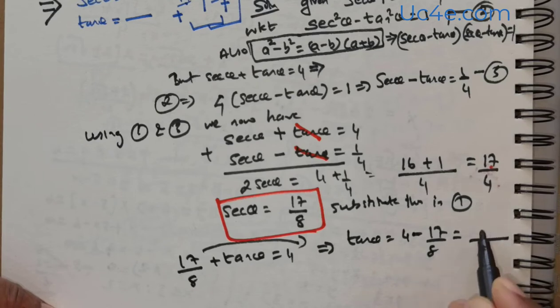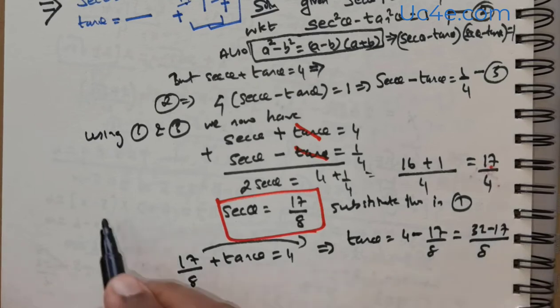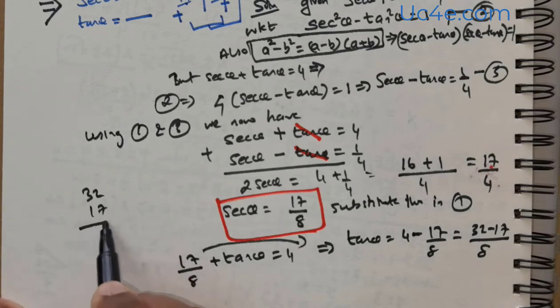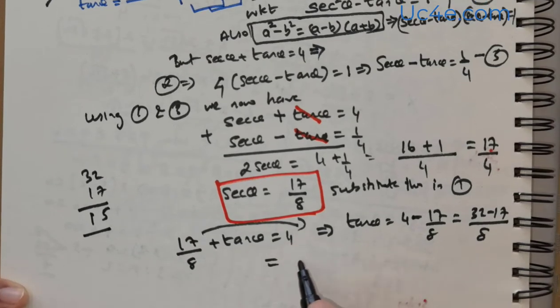Take the LCM as 8. So this is 32 negative 17. So 32 take away 17. This is going to be 5. And from 2 you take away 1. So you get 15. So this is equal to 15 divided by 8. So what is this? This is my tan theta.